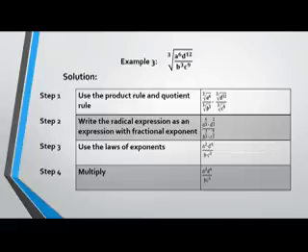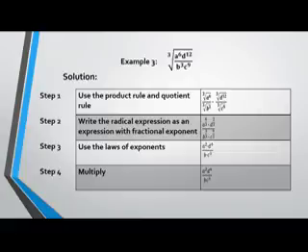Second step, write it in fractional exponents. So this will become a raised to the power of 6 over 3 times d to the power of 12 over 3 all over b raised to the power of 3 over 3 times c raised to the power of 9 over 3. Step 3 is to use the laws of exponents.